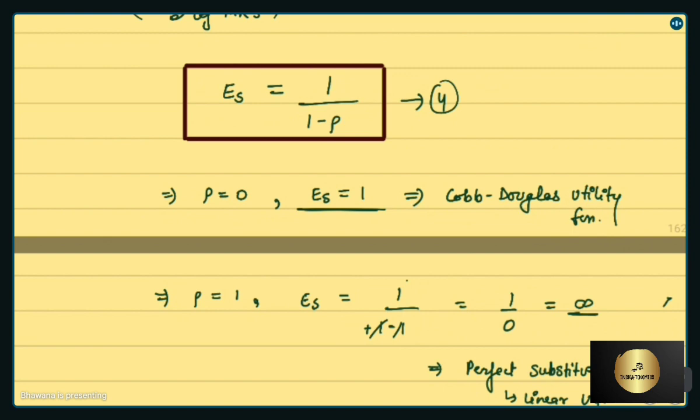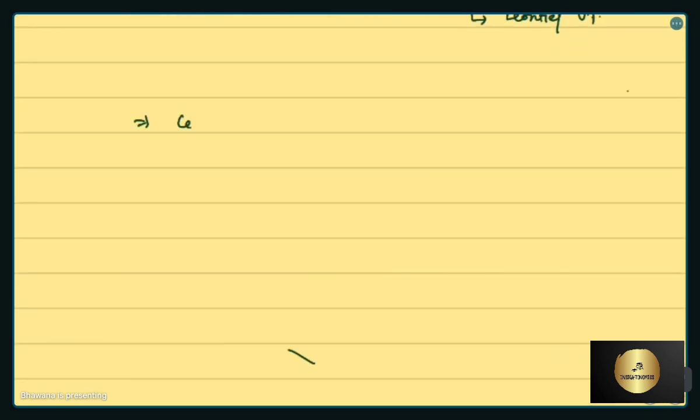So in case of CES utility function, why is it called CES? Because of constant elasticity of substitution. The name itself suggests that the elasticity in case of this CES utility function will remain constant, meaning it will be a number. So it will vary from 0 to infinite. It can be 0, 1, 2, 3, 4, 5 up to infinite.